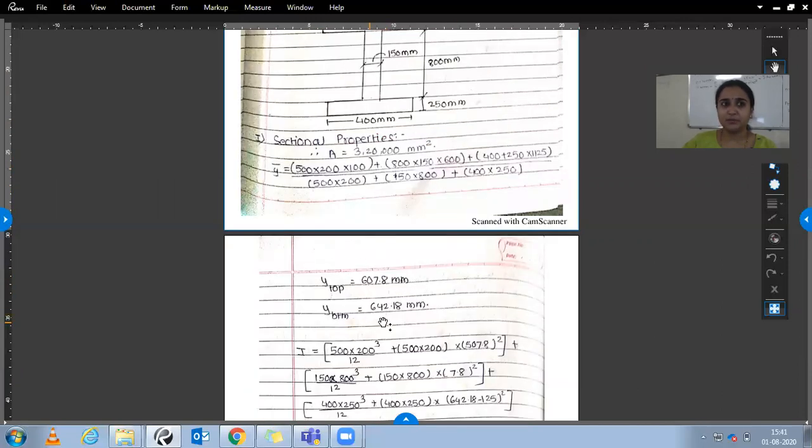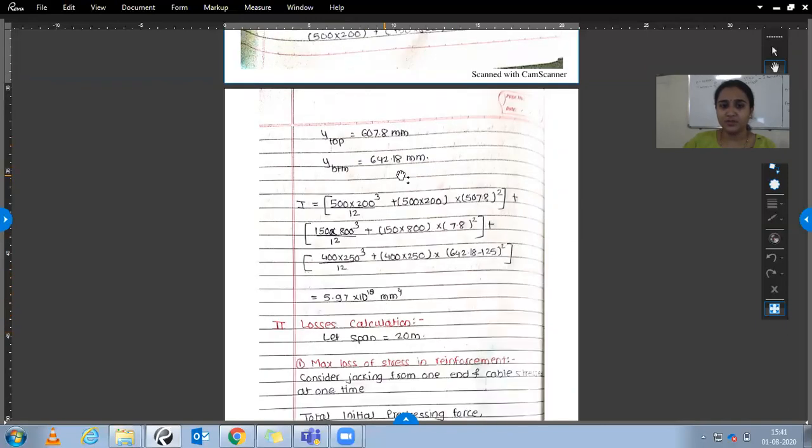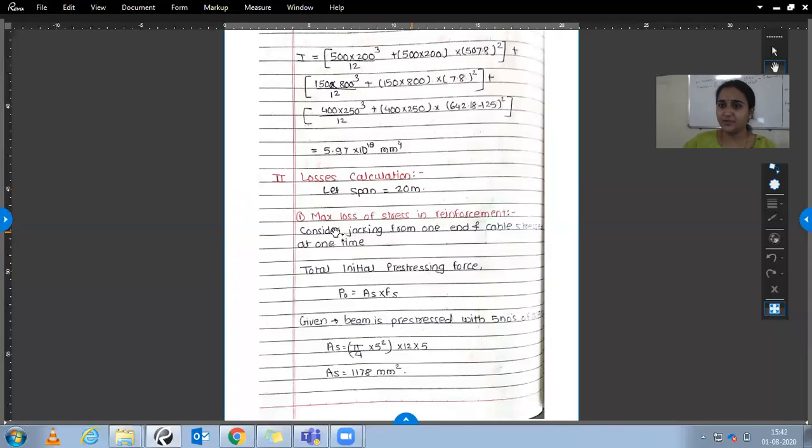Then the moment of inertia is calculated as BD cube upon 12 plus A h square, giving the I value in mm raised to 4. Then we start the actual losses calculation.